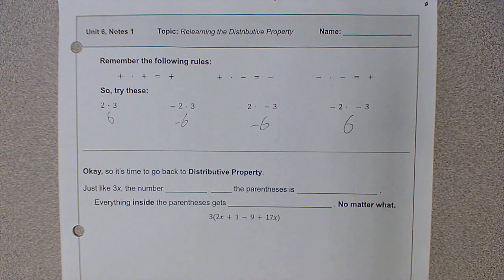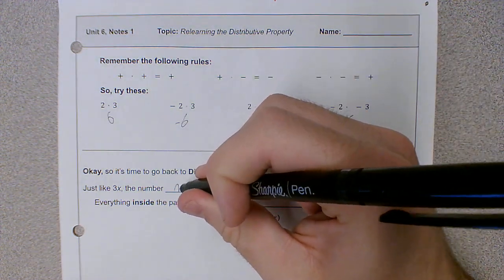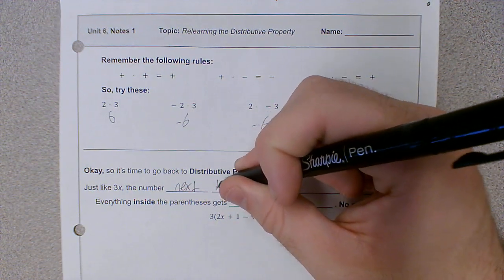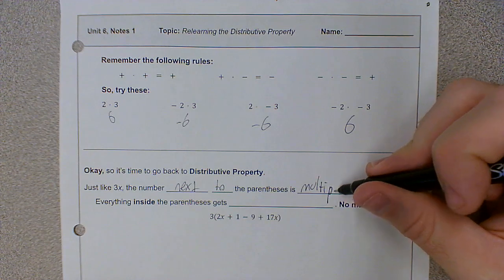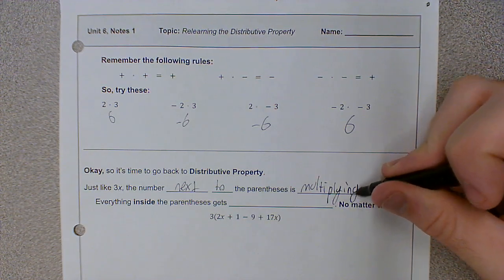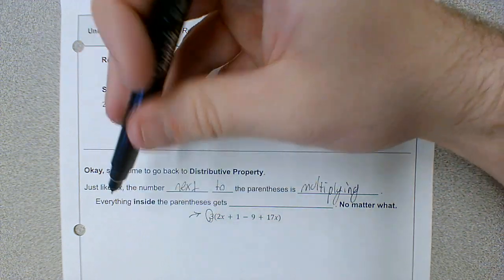Now, just like in 3x, the number next to the parentheses is multiplying. That means this 3 right there is also multiplying.